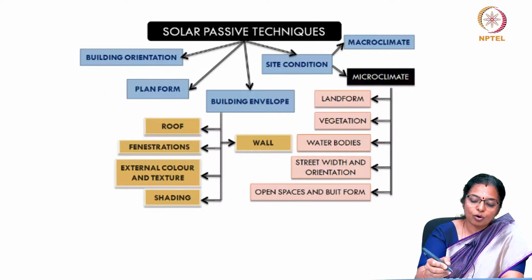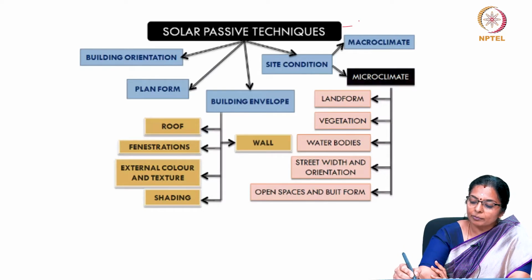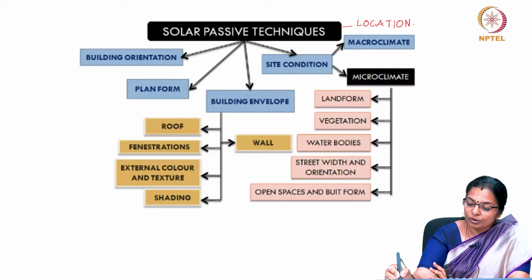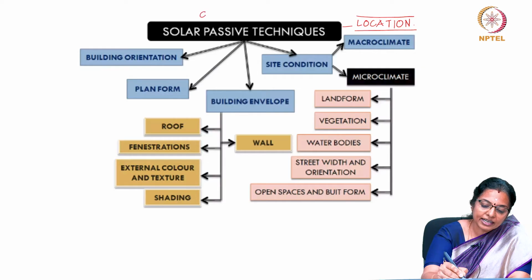So, when we talk of solar passive techniques, we must remember that location and therefore climate is a major consideration, and as a response to the climate, these techniques must be followed. So, solar passive techniques is directly related to the climate of a particular place.